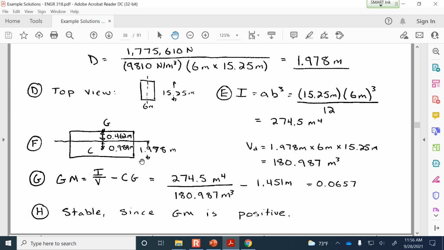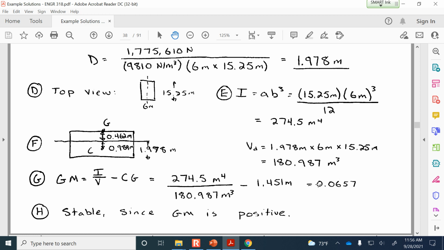And then GM is basically asking how far above the center of gravity is the metacenter. Since it's positive, it's going to be stable. That means we could load this barge even a little bit more because it can still sit deeper in the water. It's not going to submerge itself yet.